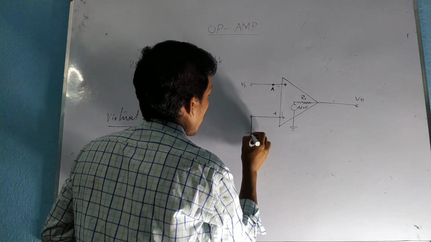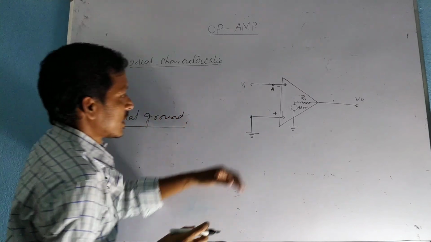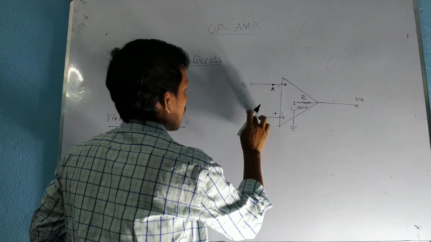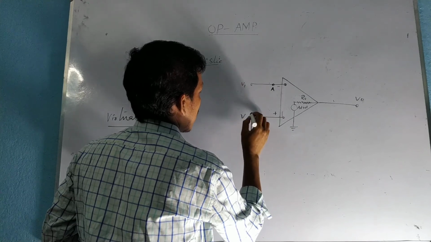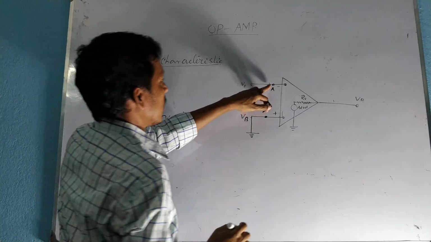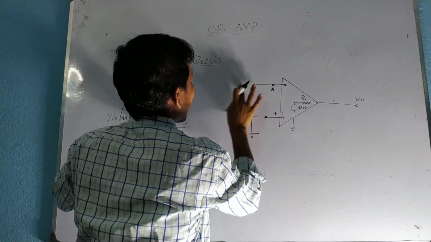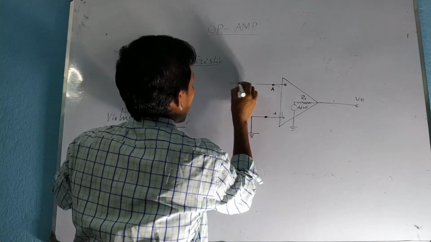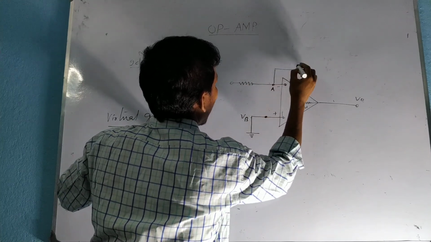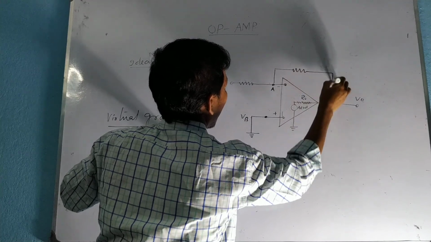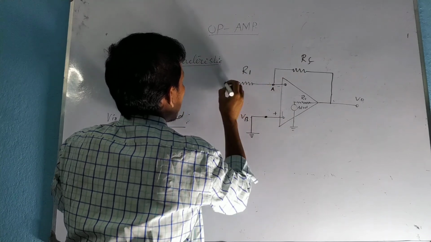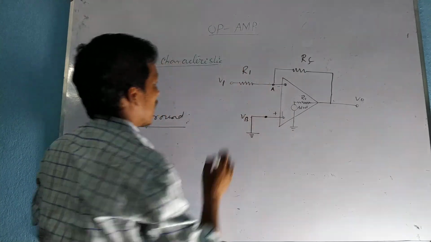If we connect the non-inverting terminal to the ground, and consider the potential here, suppose this is point B, so the potential is VB, and at point A there is an input resistance, and this is the feedback resistance, this is the input resistance, and this is the input signal.